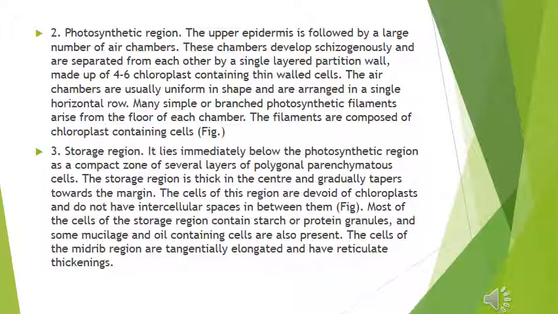Most of the storage region cells contain starch or protein granules, and some mucilage and oil containing cells are also present. The cells of the midrib region are tangentially elongated and have reticulate thickenings. In this way we have seen the internal structure of the thallus of Marchantia.